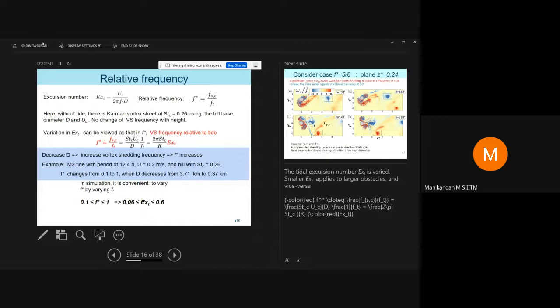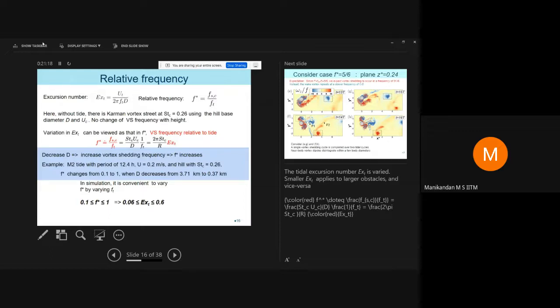So let's introduce the relative frequency. That's a useful concept. So relative frequency is the ratio of f_sc, which is the vortex shedding frequency for a pure current, so that has a small number associated with that, and I'm going to compare it to the tidal frequency, the oscillation component. And if you do that, then that's f star.